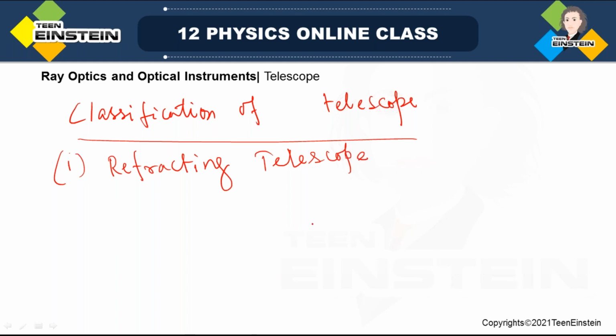These make use of refraction, which means they make use of lenses, and here particularly converging lenses.